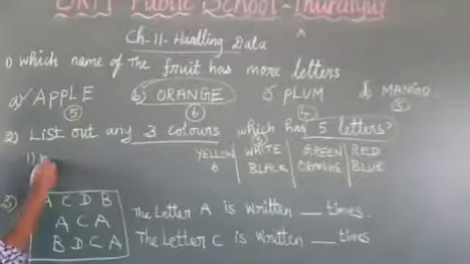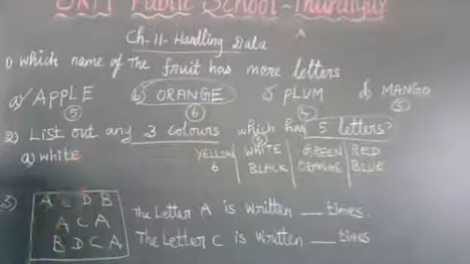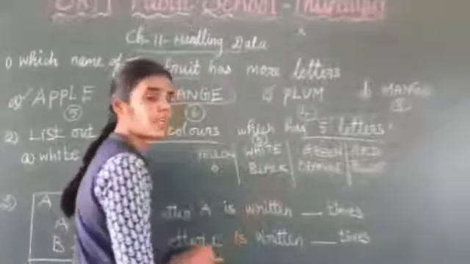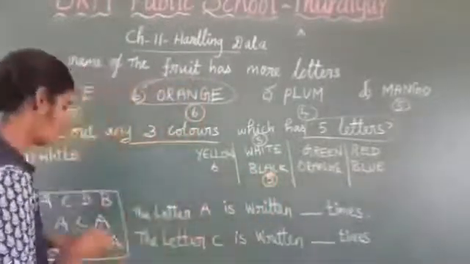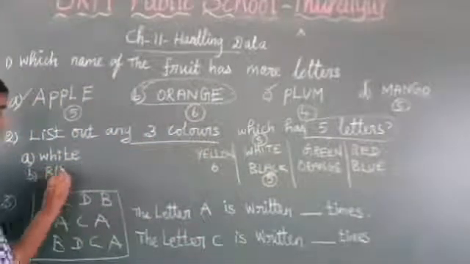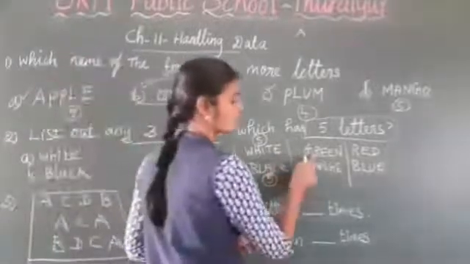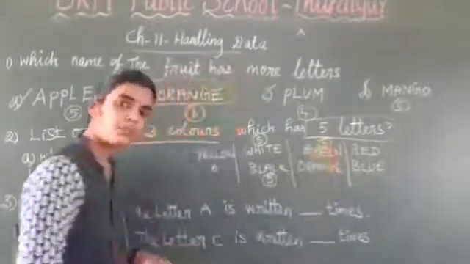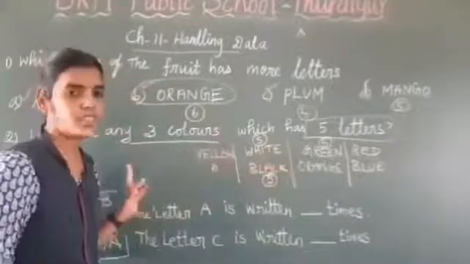Next color, black, 1, 2, 3, 4, 5. Black also has 5 letters. So the next answer is black. Next, green, 1, 2, 3, 4, 5. Green also has 5 letters. So this is also one of the answers.